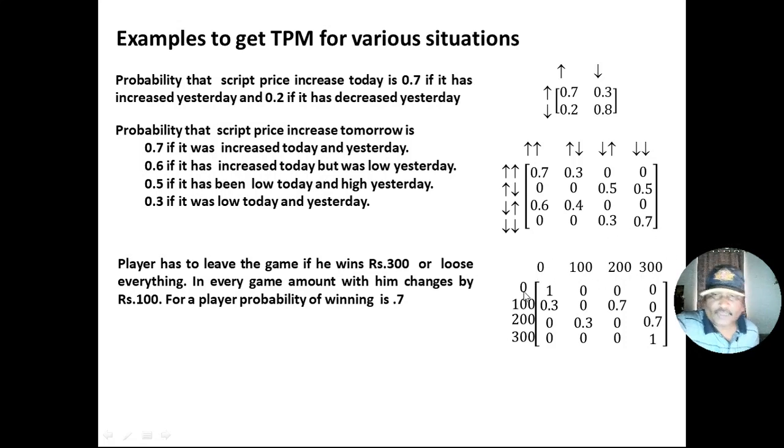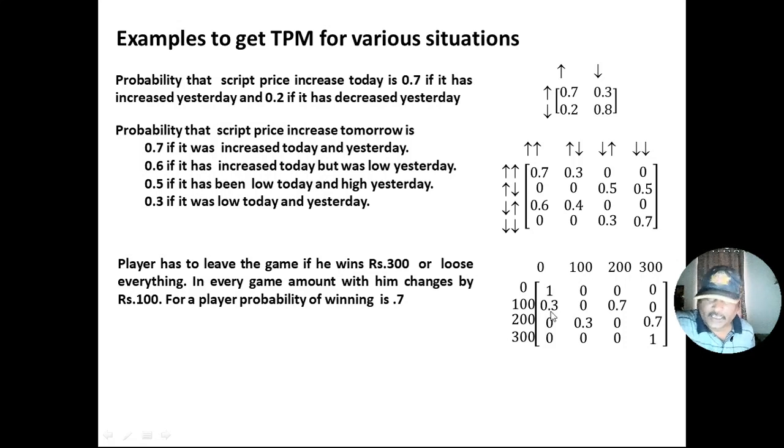Now if the player had 0 rupees, that means he will have 0 rupees at the end of the game, because he is not allowed to play. So the zero state will continue to be zero. There is no question of him earning 100, 200, or 300. Here the probability that zero will return to zero is 1, sure.